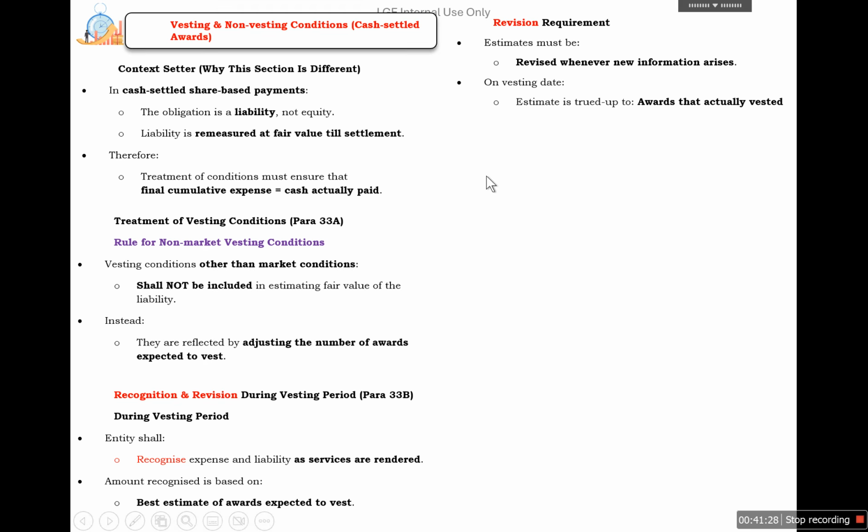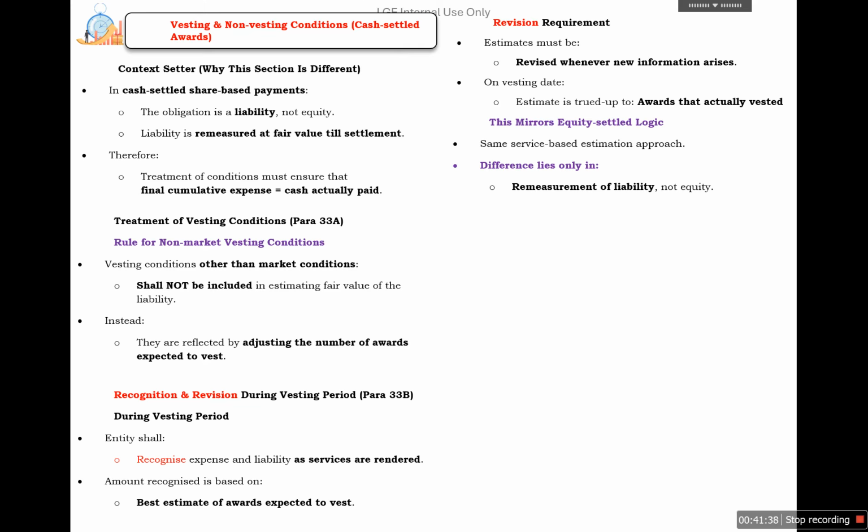We must revise whenever new information is available, and on the vesting date the estimate is trued up to the awards actually paid. So this mirrors the equity-settled logic. It is similar, and the difference lies only in the remeasurement of the liability, because the amount of liability changes based on the value of the shares, but not in the equity-settled plan.